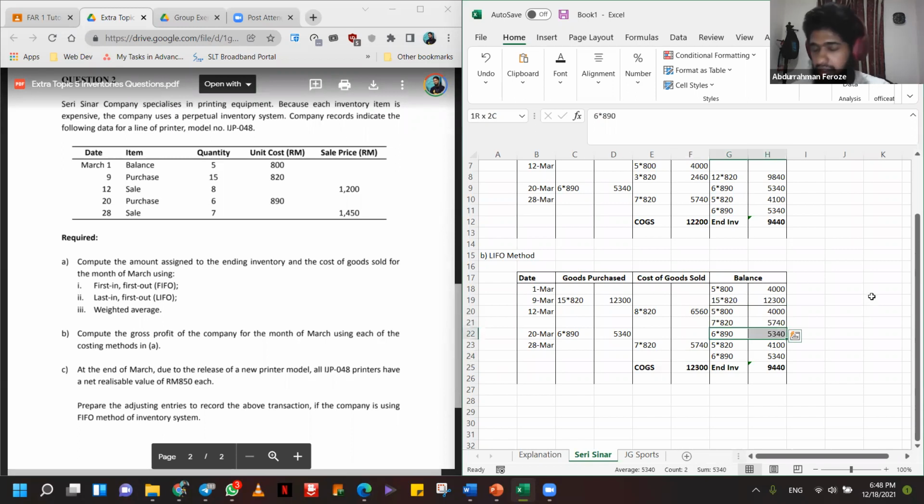We have bought printers 3 different times, right? So because we want to get rid of the latest printers first, 6 of these will be from the newest batch, which is the 890 batch, and one of it will be from the 820 batch, right? So 6 into 890, and this is 820.